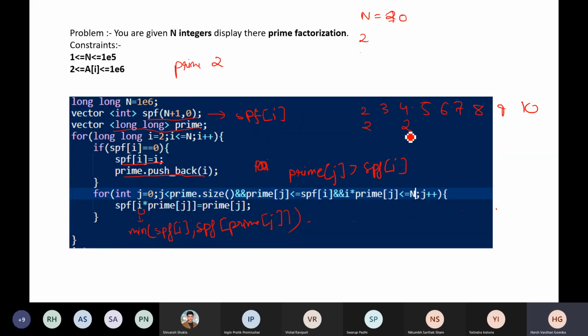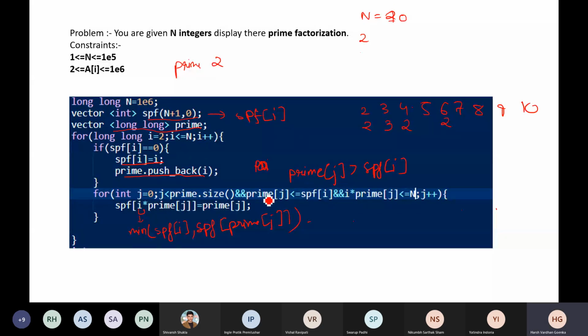Now I'll move to 3, which is marked 0, so this is also a prime number, so it will be 3. Now I move through the primes from 2. Prime of j is less than or equal to SPF of i. Yes, 2 is less than or equal. So 3 into 2 is 6. I'll mark it as 2.